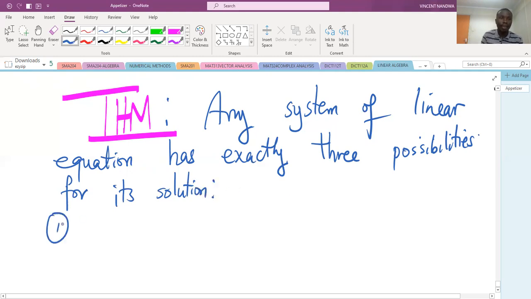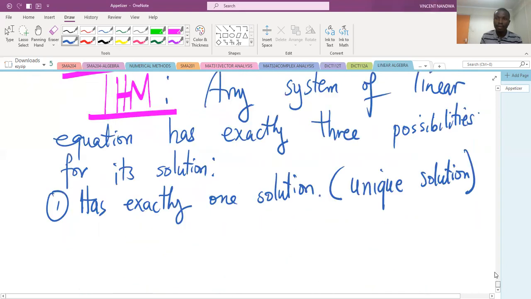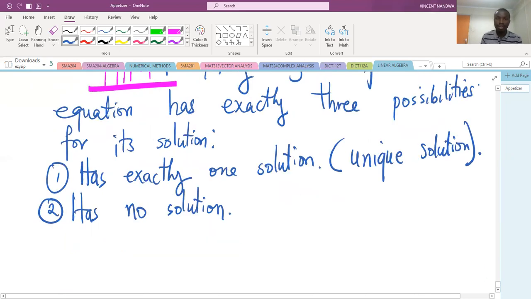Namely, one, it has exactly one solution, which is called the unique solution. Number two, it has no solution, like we saw in the second activity.